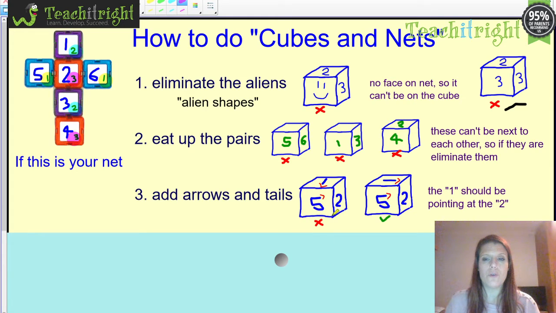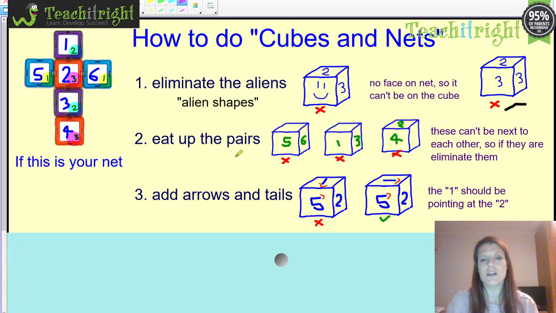And so these two examples here show you a wrong and a right answer. And that's because the number 1 is facing the wrong way in the first cube. When folded up, it would be pointing at the 2.